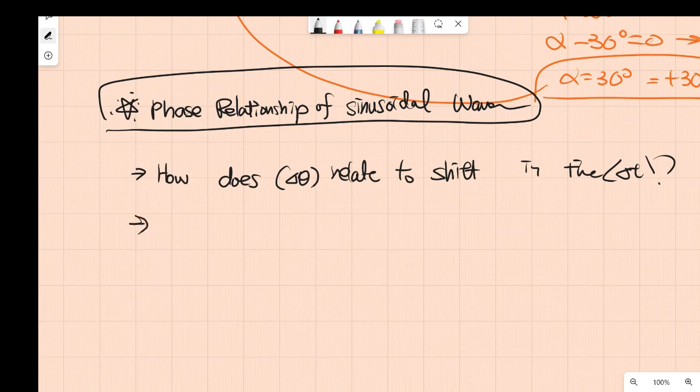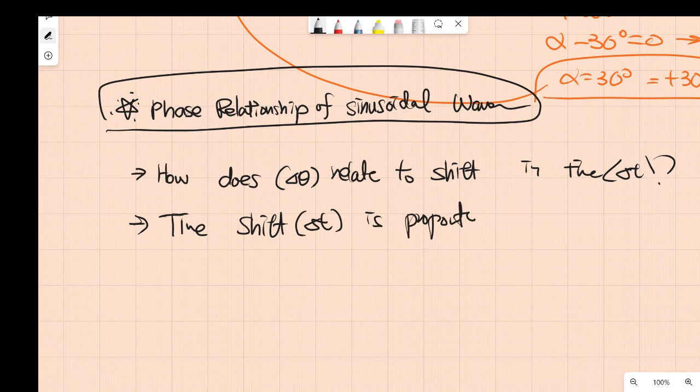Usually the time shift delta t is proportional to the phase shift for one period.